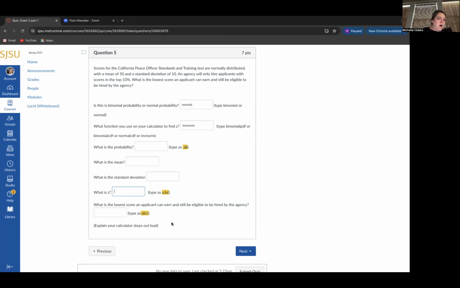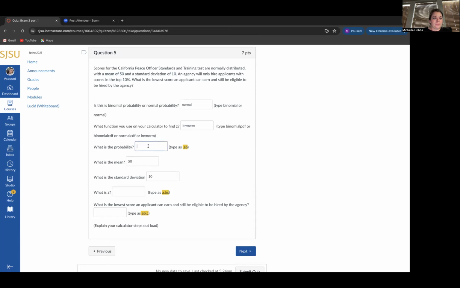Oh, so the mean I know is going to be 50. And the standard deviation is going to be 10. And the probability is going to be, wait, the mean is 50 because it's listed here. The standard deviation is 10 because that's also listed.